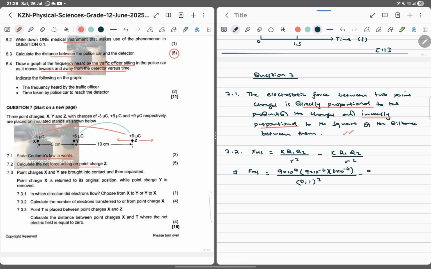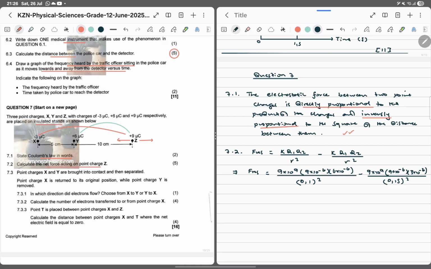So we will subtract 9 times 10 to the 9 of 9 times 10 to the minus 6 into 3 times 10 to the minus 6, all divided by, now this is 15 centimeters, divided by 100 is 0.15 squared.